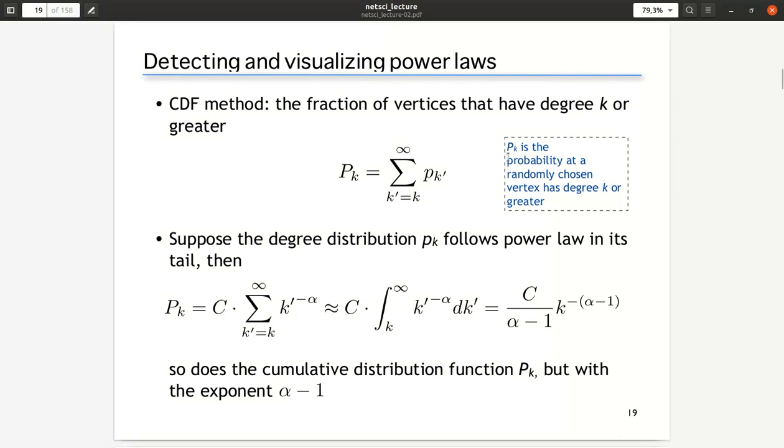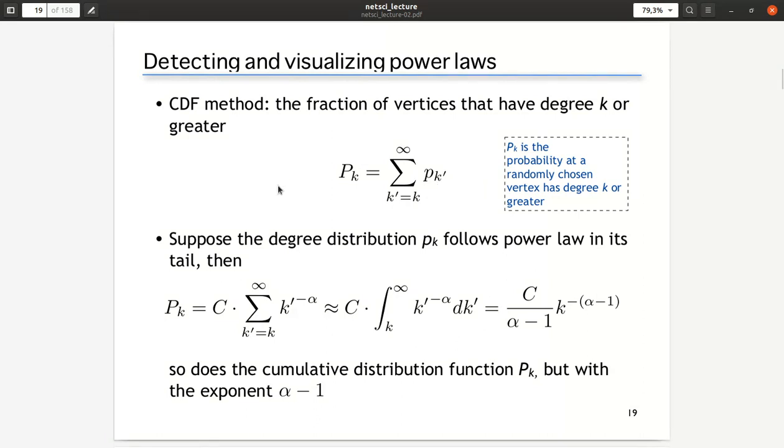So capital P_k is the probability that a randomly chosen vertex has degree k or greater than k. And so how can we calculate this one? We have a running index, which is going to be k dash, and this k dash is running from k, the chosen k, up to infinity, and then we are summing up the small p_k dashes.